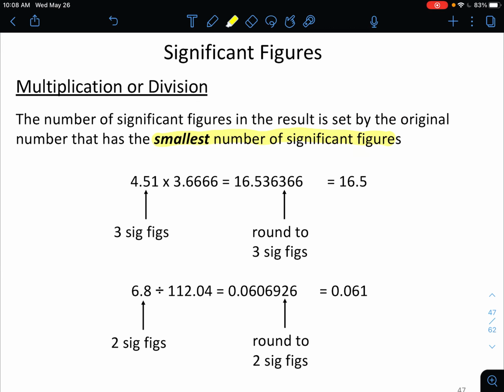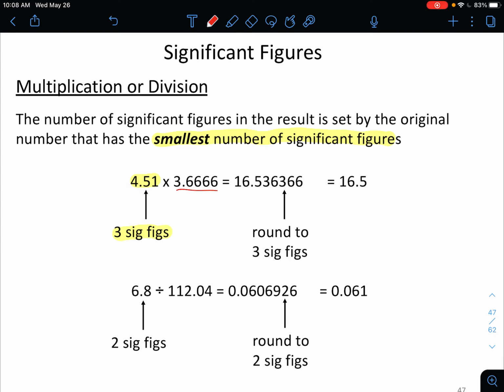So in the first example, we have 4.51 with 3 significant figures multiplied by 3.6666, which has 5 significant figures. So now we're basing it on the total. And remember, I kind of rationalized that by saying the decimal point location is not relevant to the operations of multiplication and division. When we do it by hand, we place the decimal after the fact.